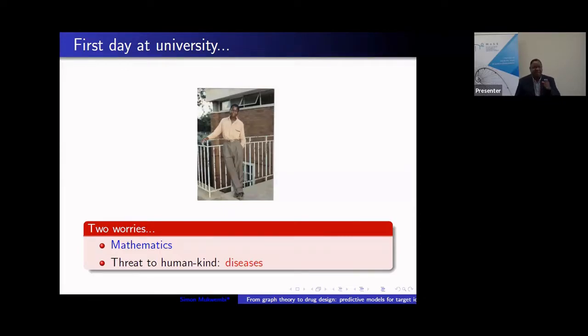And at university, I was worried about two things. Firstly, I was worried about my mathematics. And second, with my background, I was really worried about the threat to humankind that comes from diseases.